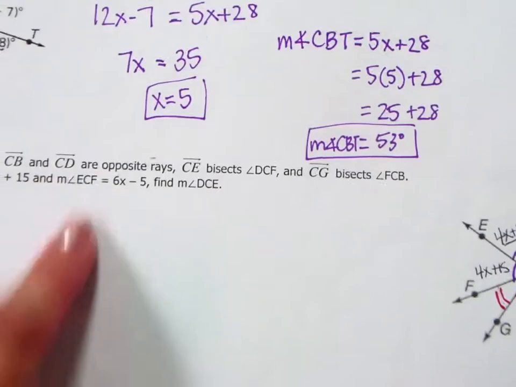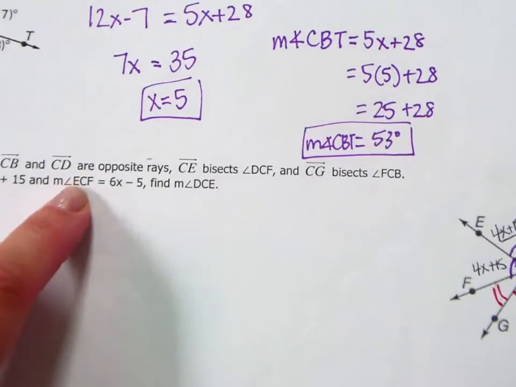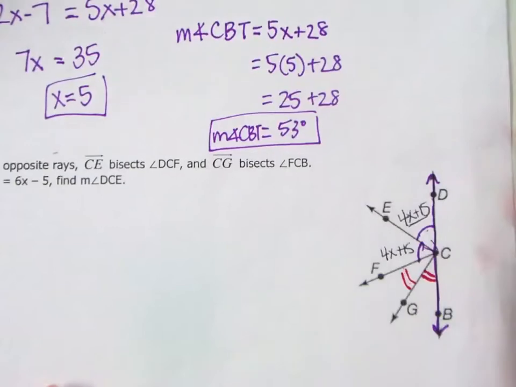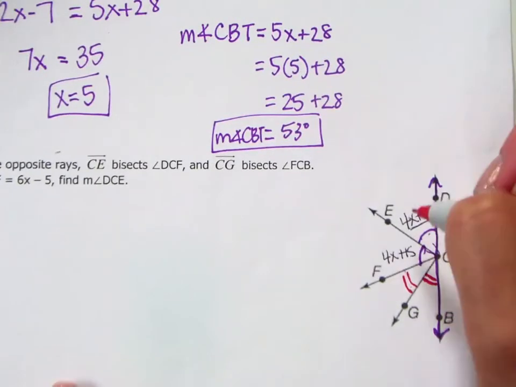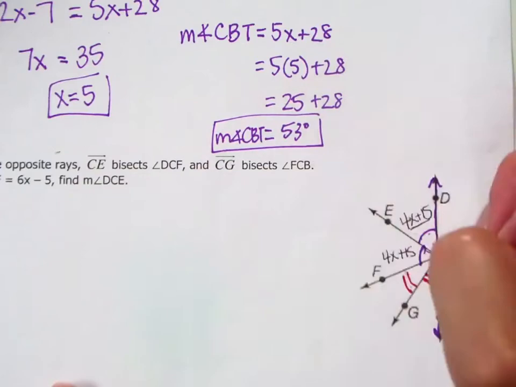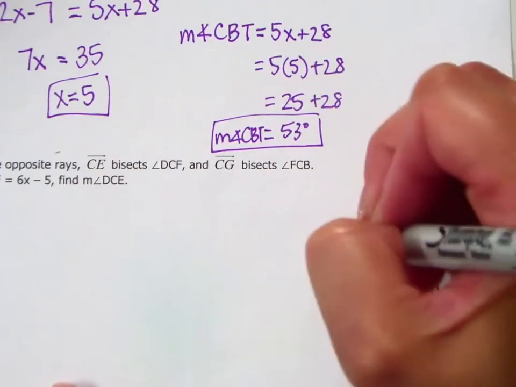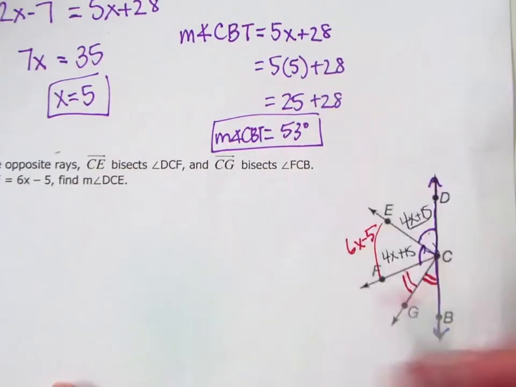We're also told in the problem that the measure of angle ECF is 6x minus 5. So we're given more information. We actually now have two expressions for the same angle.